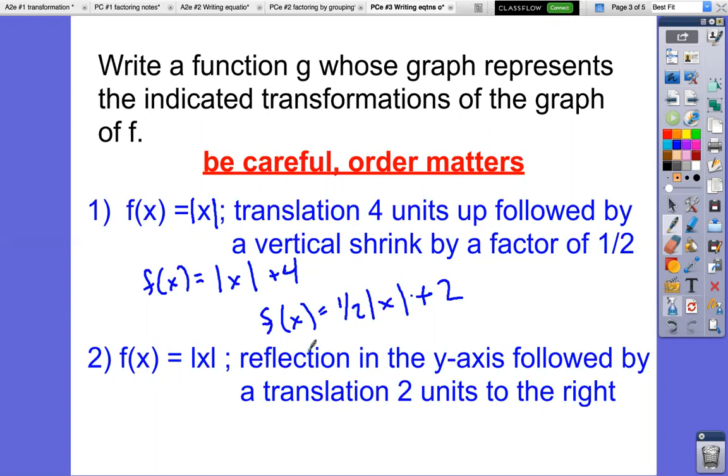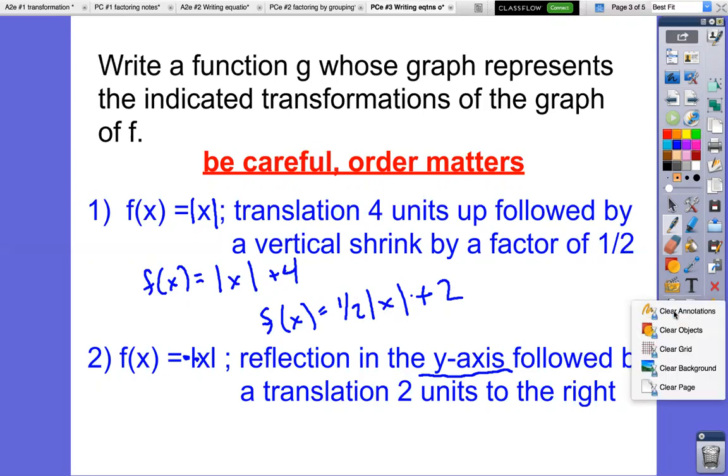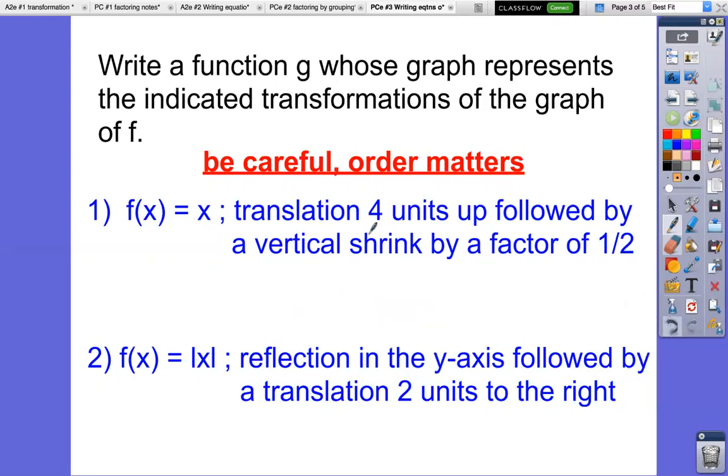So the only reason I put number 2 on here is because I want to make sure that you guys understand what's going on. This says a reflection in the y-axis. Can somebody tell me from yesterday? So if it's a reflection in the y-axis, would it be a negative sign outside the absolute value or inside the absolute value? Inside. That's exactly right. So do it in order, left to right.